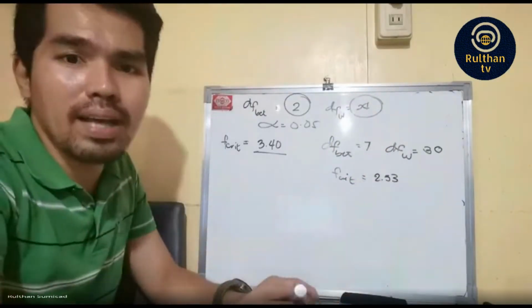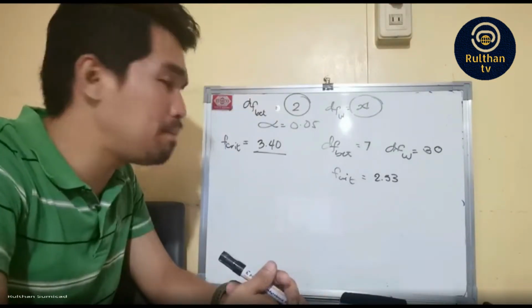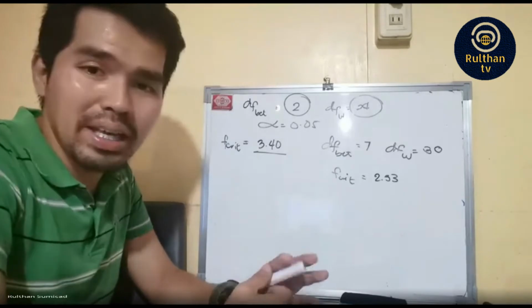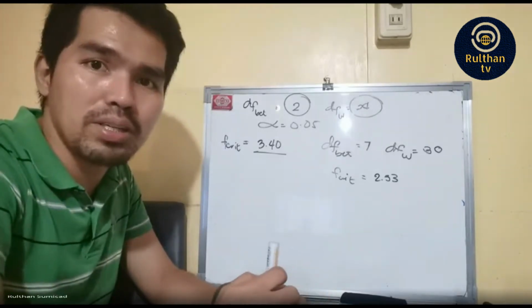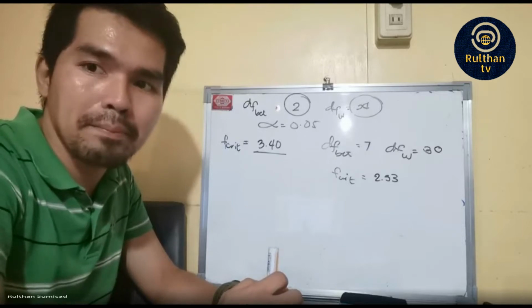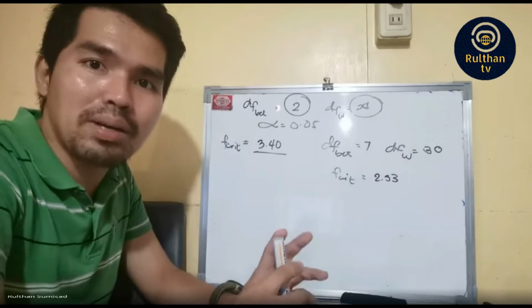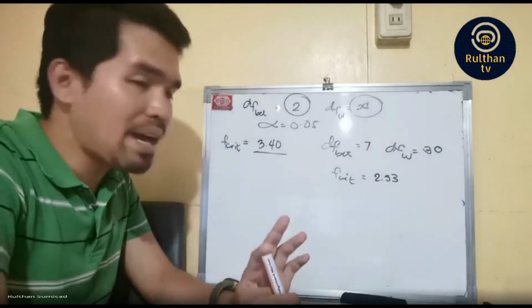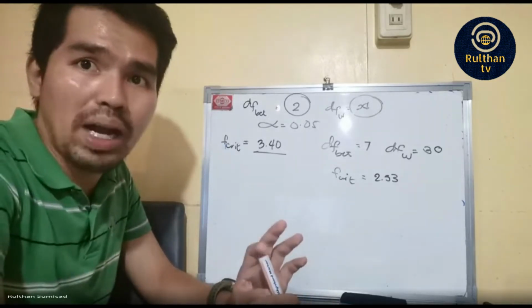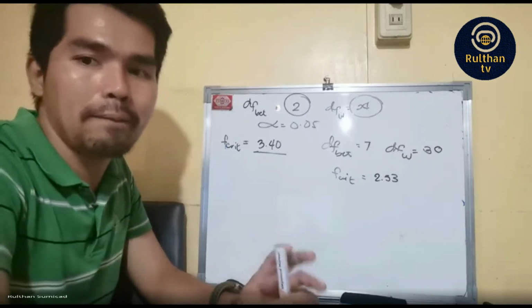In the event that our DF between and within are already beyond 120, which is outside the table, then we will just simply consider our alpha. You notice that the highest possible value for our F critical is only up until 1, so it is approaching 1.